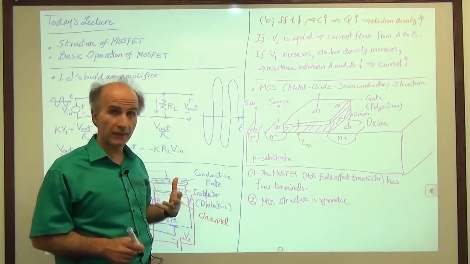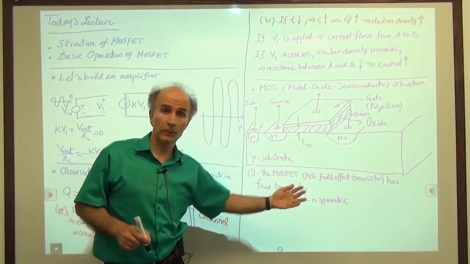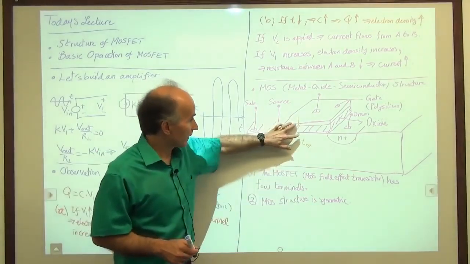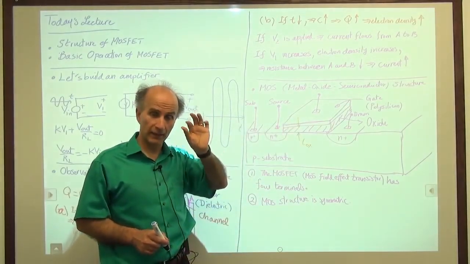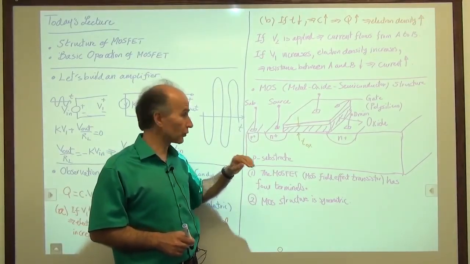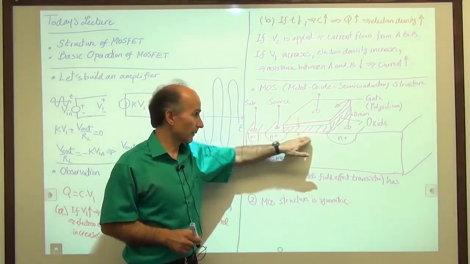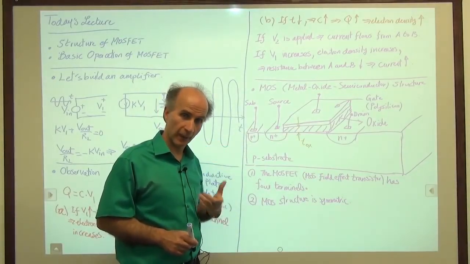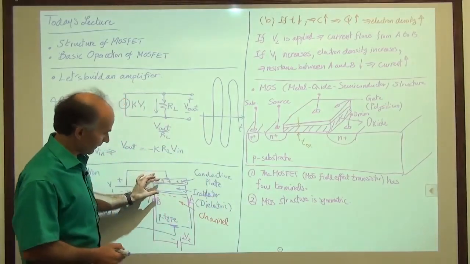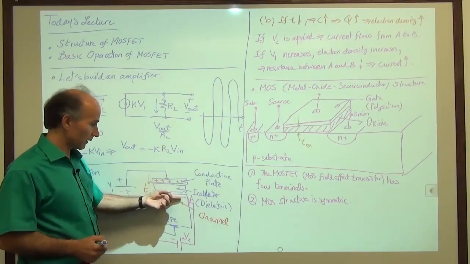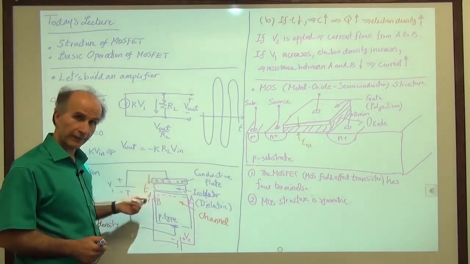So in technologies that have followed since Moore predicted what happens in the 1960s until now, this oxide thickness has been going down and down and down, because we want to have a stronger control for this voltage upon this charge, the mobile charge. You can intuitively feel that if this is a very thin layer, then this voltage has a stronger effect on this charge here.